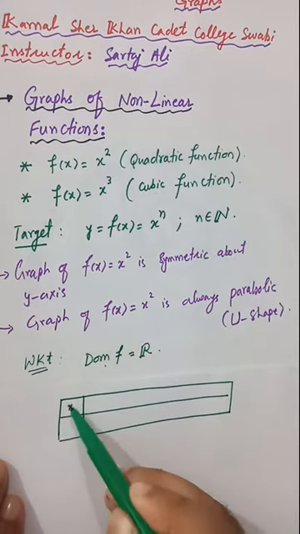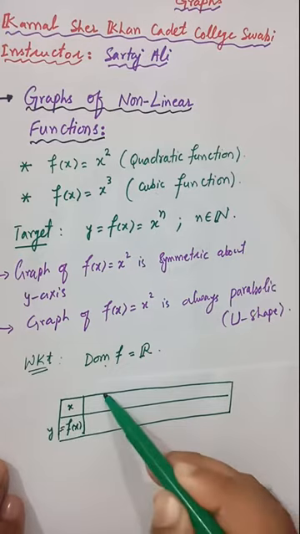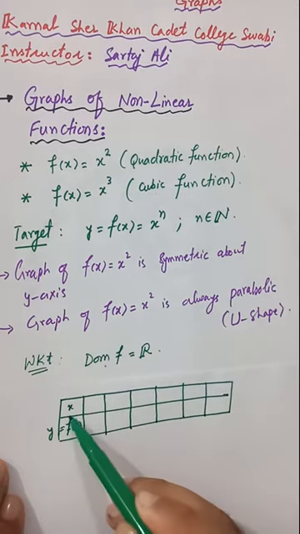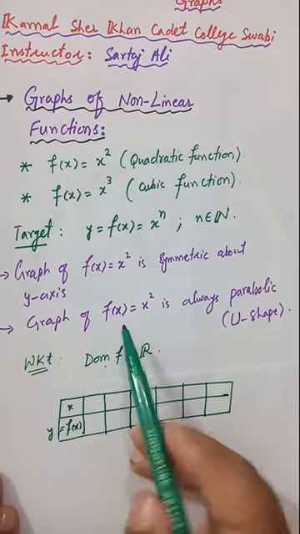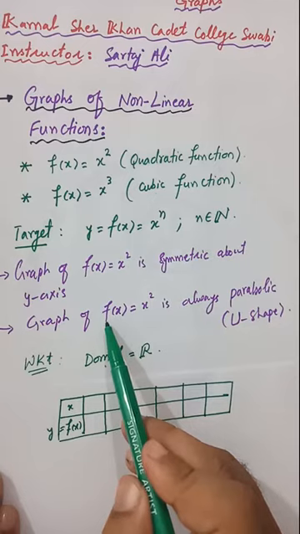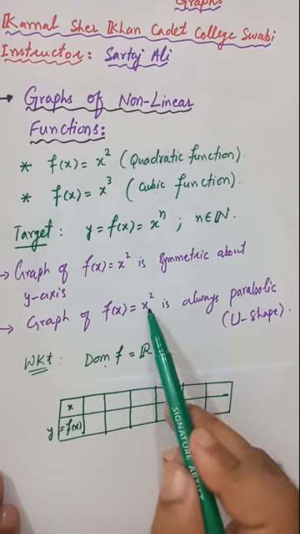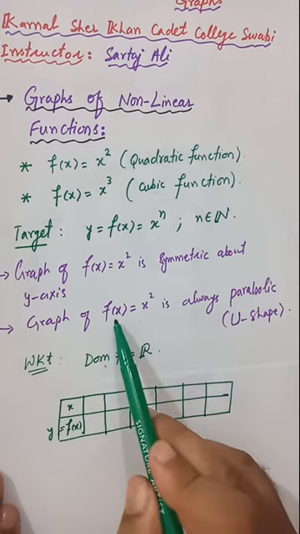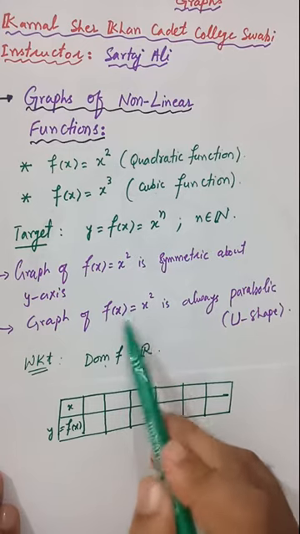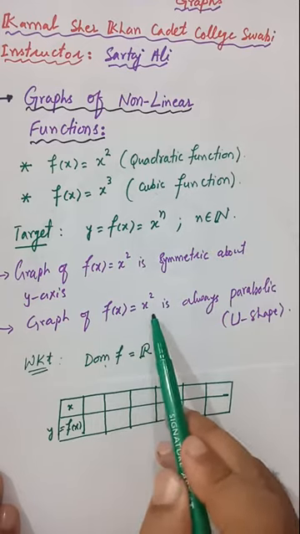These are the values of x and these will be the values of y, meaning range. You take the values of x and substitute them in the argument of the function, and the function operates on that value to give the value in the range. The range value will be calculated by the definition x square. If you put 2, in the output you will get 4, because the function is defined so that it squares the argument. That is, f of x is equal to x square.